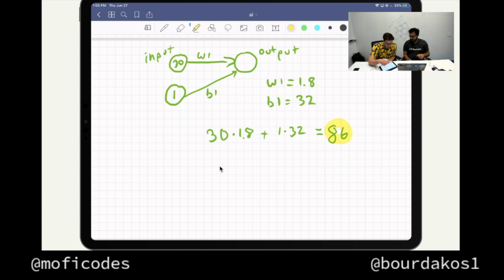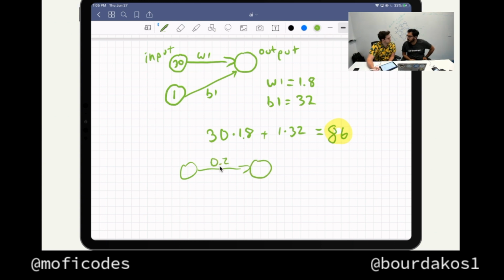To go a little bit further, when we initialize our neural network in the computer, it'll look something like this. We'll have our input node, and the weight 1 will be initialized to something random. So let's say 0.2, and that goes to our output.